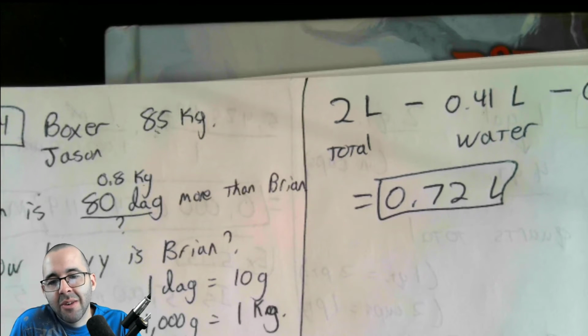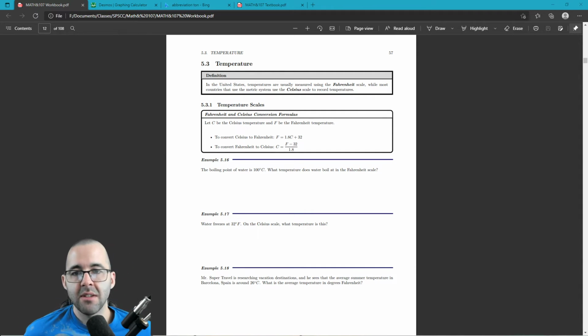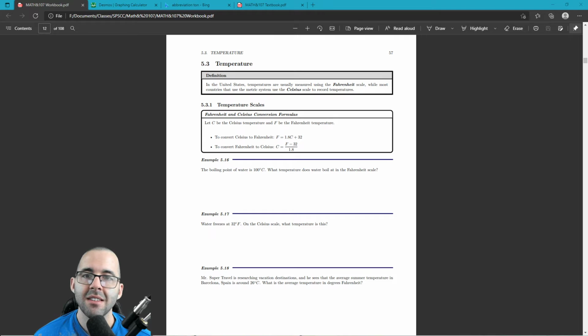All right, so next we're gonna finish off by doing a little bit about temperature. So temperature is going to require that we use some formulas. All right, so if you hate algebra, we're getting back into some algebra. Okay, so Fahrenheit and Celsius. Fahrenheit, again, is imperial units. It's what we use in the US, but it doesn't make a lot of sense.